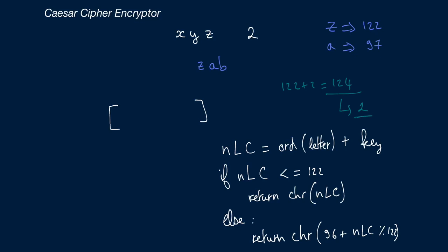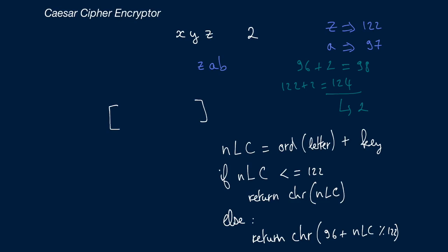And then we add this to 96, which is the thing that comes right before 97, which corresponds to A. Why are we doing that? Because we want Z to turn into B. So 96 plus 2 is going to be equal to 98, which corresponds to B. And so that's the formula here that you want to apply. And that's pretty much it. That's how the algorithm functions.